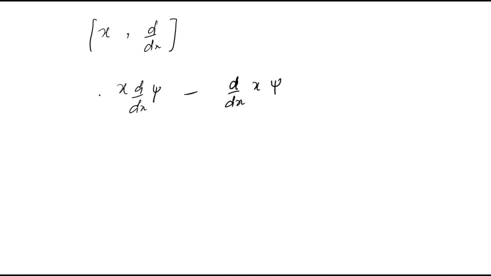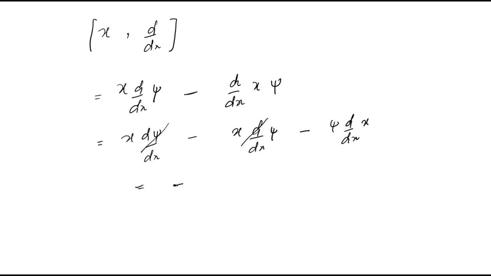Once we do this, we keep x d psi/dx as it is. Here, by the product rule, x d/dx of psi minus psi d/dx of x, with the sign changed. So these two will get cancelled out, and we get something like minus 1.